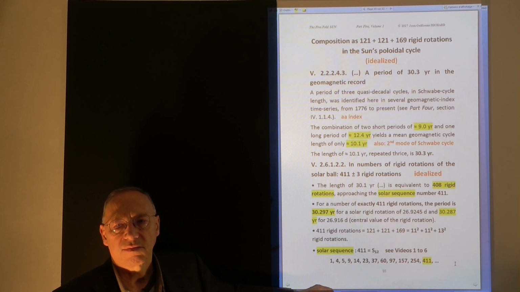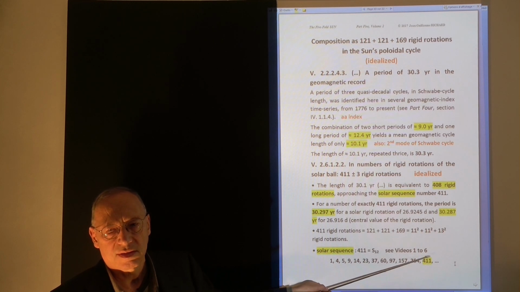And if we now compare to the length of the Sun's rigid rotation, we have 411 plus or minus 3 rigid rotations for this length. 30.1 is 408 rotations. But the idealized number, 411, is a solar sequence number.